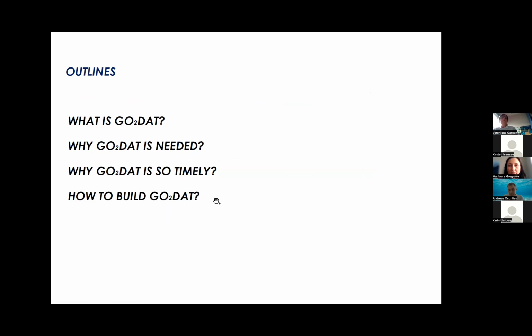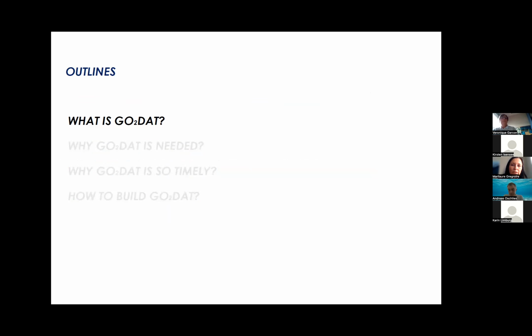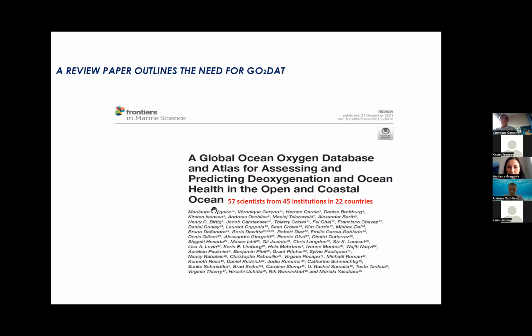We already have some databases and atlases, so why do we need an additional effort? Why is it so timely now? And how can we build this atlas? What are the strategies to build it? The talk we present today is based on a paper with which the same community has been associated.